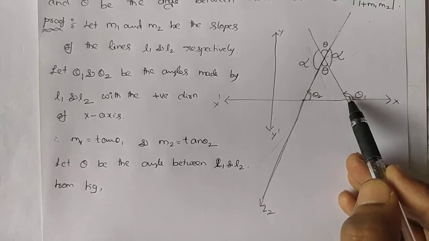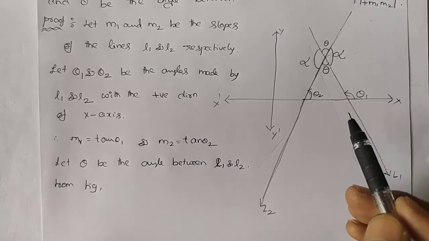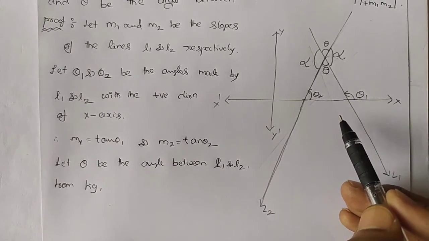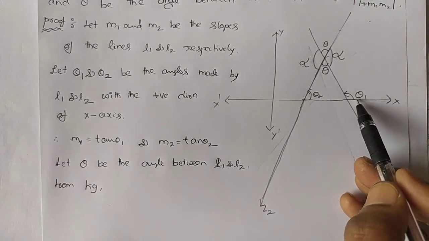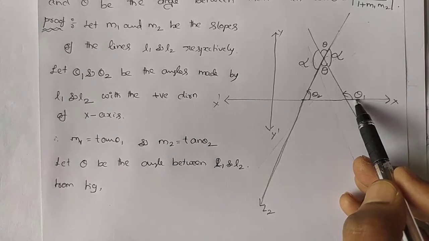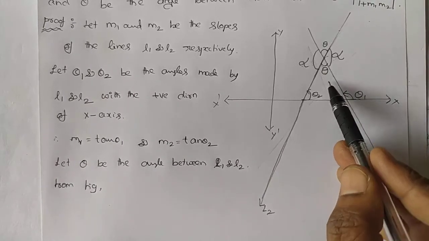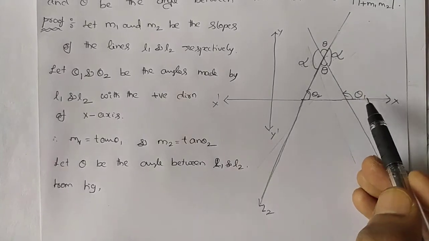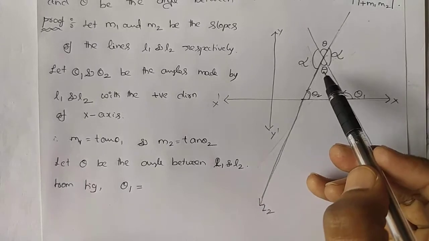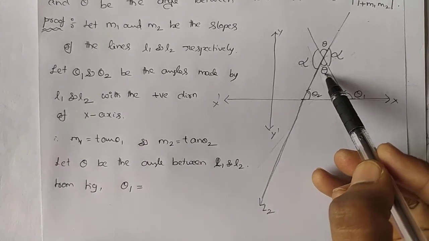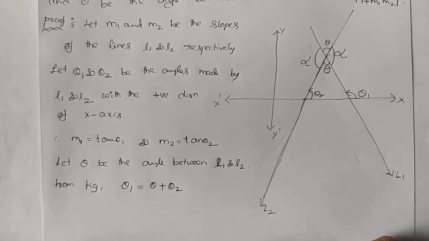This statement, this condition, I think you already learned in your lower classes. Once again, exterior angle, what? Theta 1. Exterior angle equals the sum of the two interior angles. Exterior angle is theta 1. Theta 1 equals the sum of the two interior angles, theta plus theta 2.